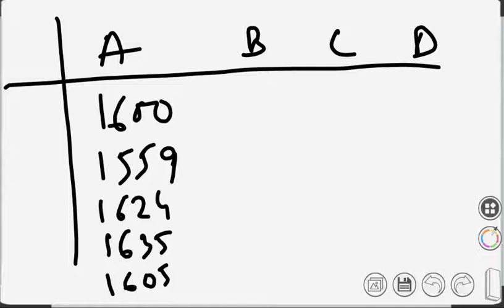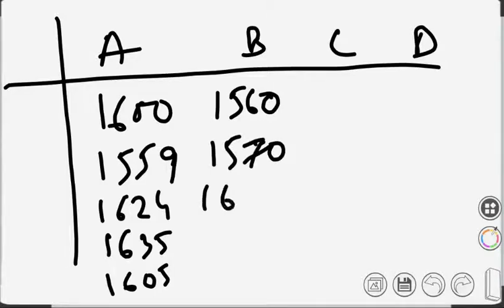For brand B, four tires are chosen, and it was like, say, 1560, 1570, 1620, and 1650. Four tires for brand B have been taken, and again similar kind of tests are being done. And this is the life.